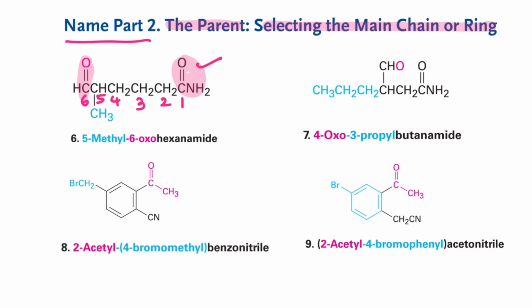Now, at which position do we have the methyl? Fifth position. First locant, then prefix, then parent carbon chain, and this amide is a suffix name. Therefore, at the fifth position we have the methyl. Sixth position we have the aldehyde, therefore 6-oxo. Total 6 carbons, therefore hexane.